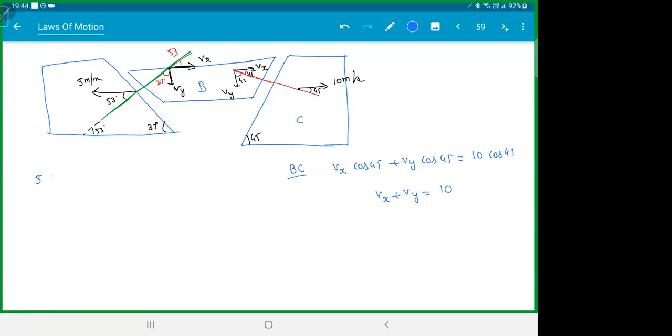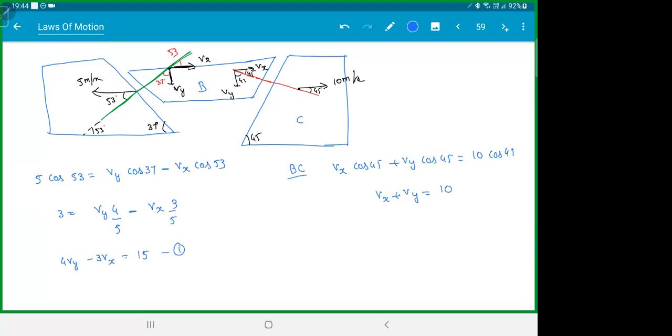So 5 cos 53 should be equal to Vy's component along this thing. So Vy cos 37, but Vx's velocity is opposite. Vx cos 53. Cos 53 is how much? 3 by 5. So that would be 3. Cos 37 is 4 by 5. Vx cos 53 is 3 by 5. So there, 4 Vy minus 3 Vx is equal to 15.